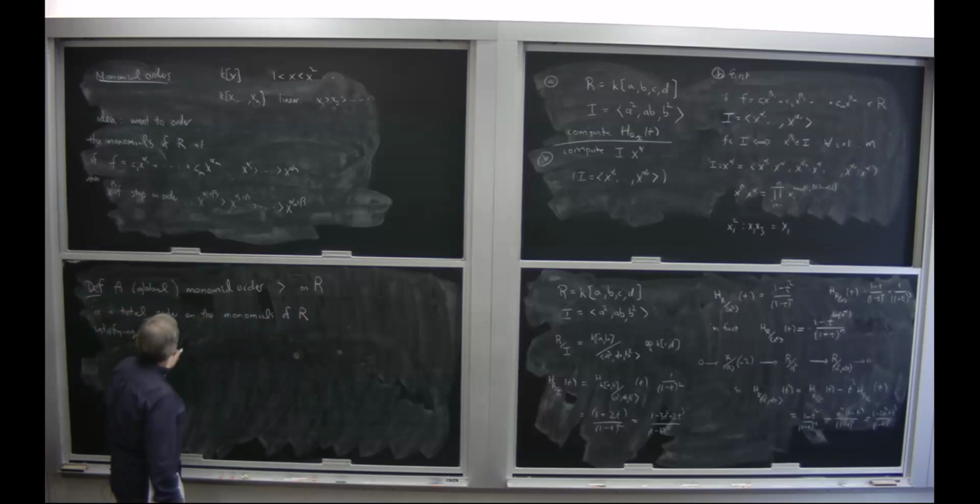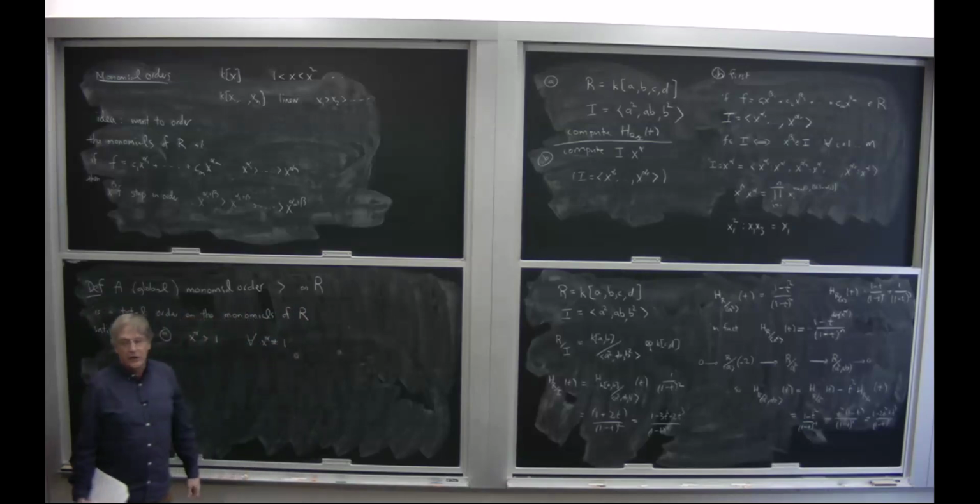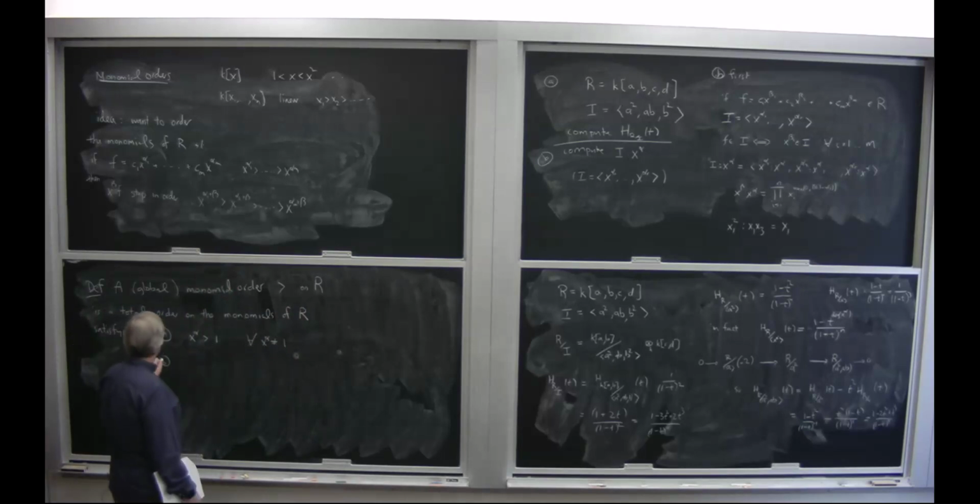A: x to the alpha is greater than 1 for all x to the alpha not equal to 1. So 1 is the very smallest element that there is. Remember, 1 is just when the alpha is all zeros. And the second one is precisely this thing up here, but you don't need a whole polynomial, you just have two monomials.